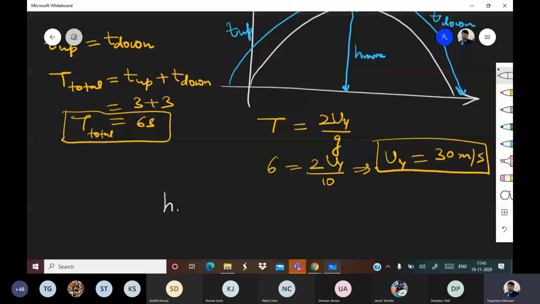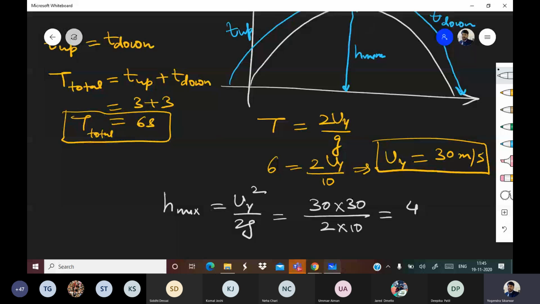So that will be 30 into 30 upon 2 into 10, 45 meters. Answer. So that's how we can get answers. Any question, anyone? Any doubt, any question?